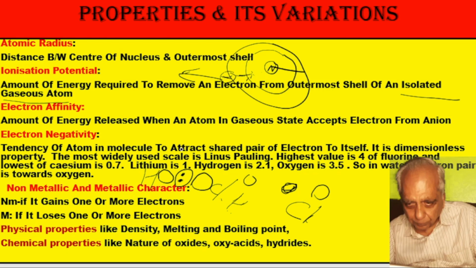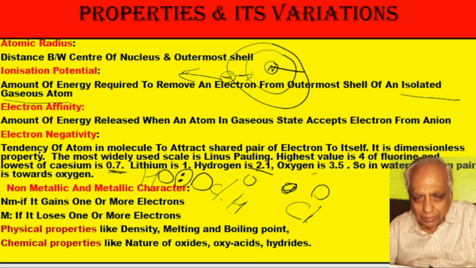This case will arise only when two atoms are making a covalent bond, which I will be explaining in the next chapter, but you might have studied something in the 9th standard. Covalent bond means it is between two non-metals, both are giving electrons and they are sharing that pair. Is it alright? So these are the various important terms.